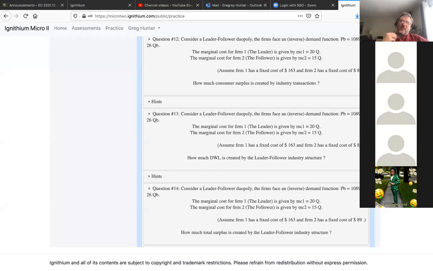Now, what about the competitive equilibrium? The only thing that's missing here is we need the joint marginal cost function, which is going to be our supply function in this case.